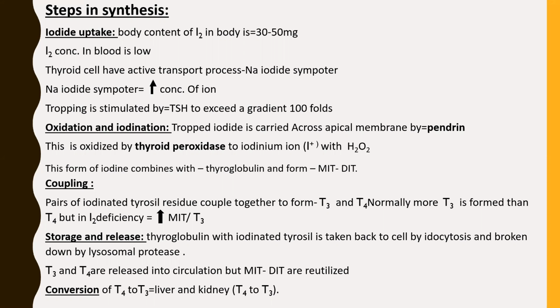Storage and release of thyroid hormone. Thyroglobulin with iodinated tyrosyl is taken back into the cell by endocytosis and broken down by lysosomal protease. Then T3 and T4 are released into circulation, but MIT and DIT are reutilized. Then conversion of T3 and T4 in kidney and liver.